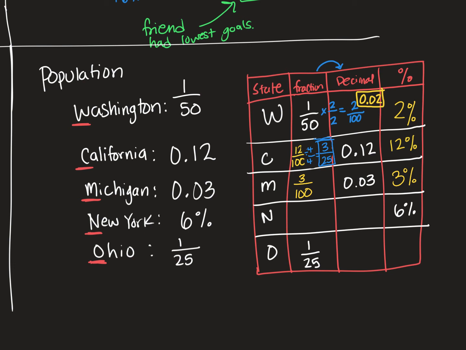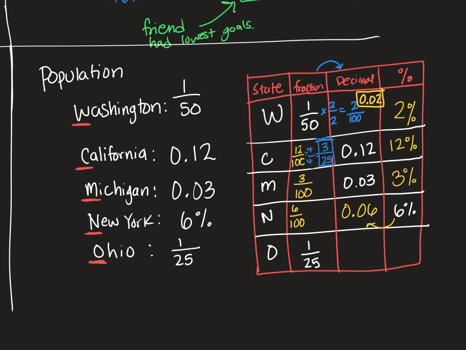Now let's look at the population of the state of New York. New York apparently has 6% of the population. How would I convert 6% into a decimal? 0.06. A few of you told me in the chat that the fraction equivalent is 6 out of 100. But we can reduce this by dividing. Sorry guys, I accidentally wrote it in the wrong spot.